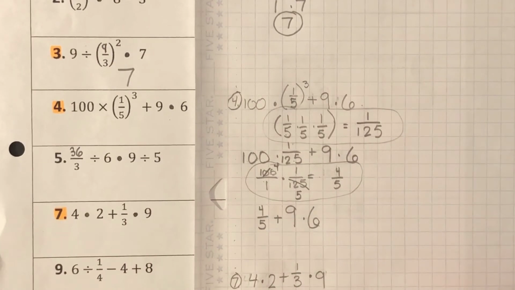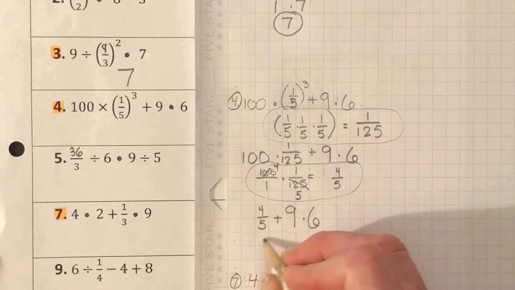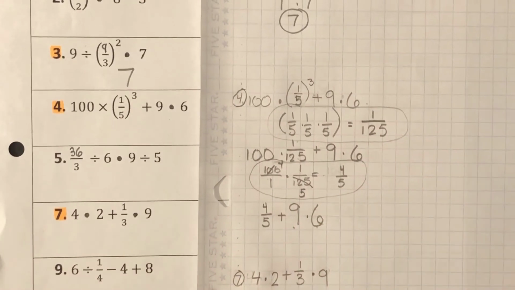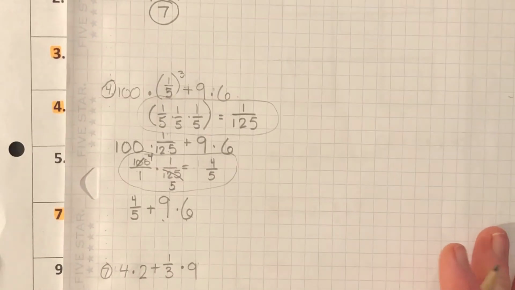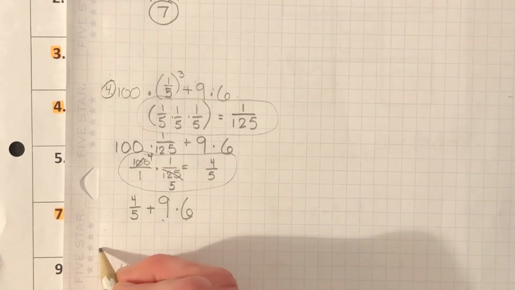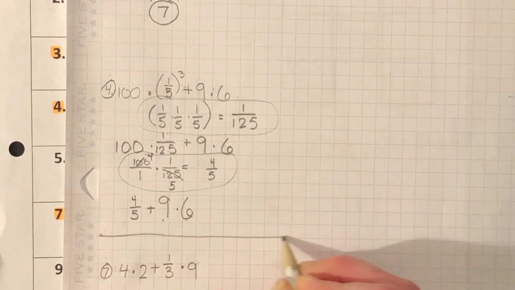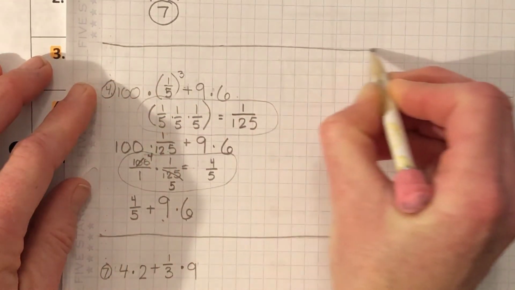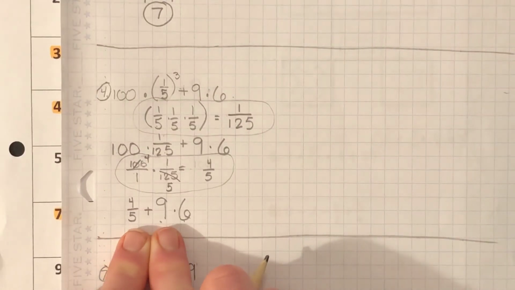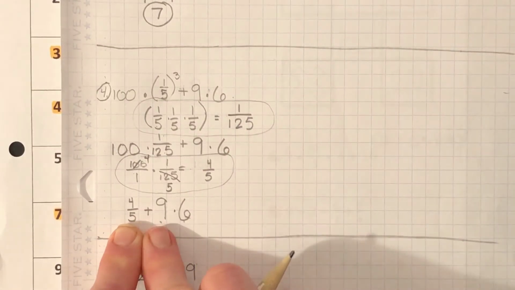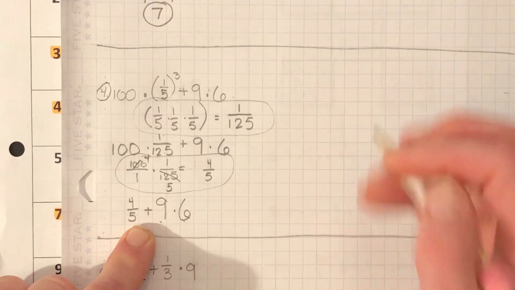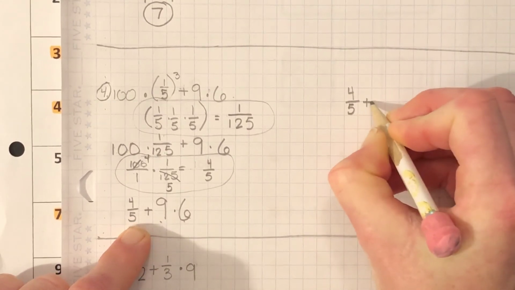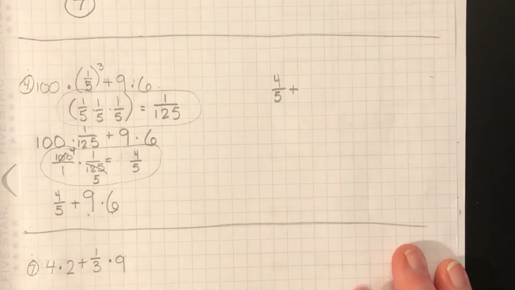I do multiplication first. 9 times 6 is 54. I'm going to come over here and write out the next step. All right, so I have this. I'm going to write my next step up here. 4/5 plus 54.